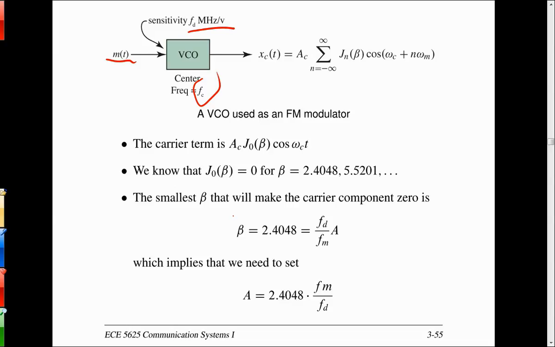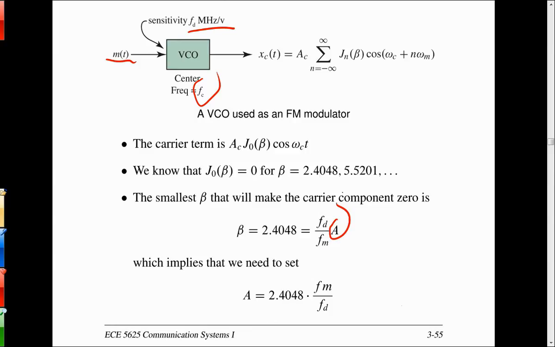So in the experiment, one of the things you have to do after you characterize the VCO and find out what FD is, then you want to find out what amplitude you want to apply to the input of a sinusoid to make the first pair of sidebands go to 0. So that ends up being just solving for A given FM and given FD.